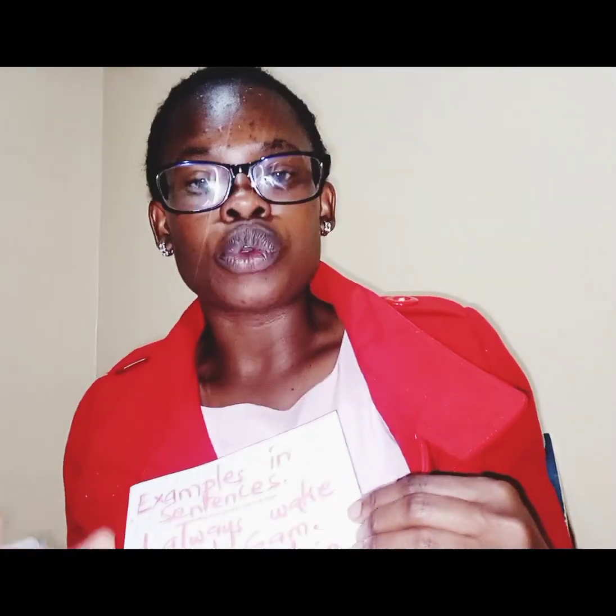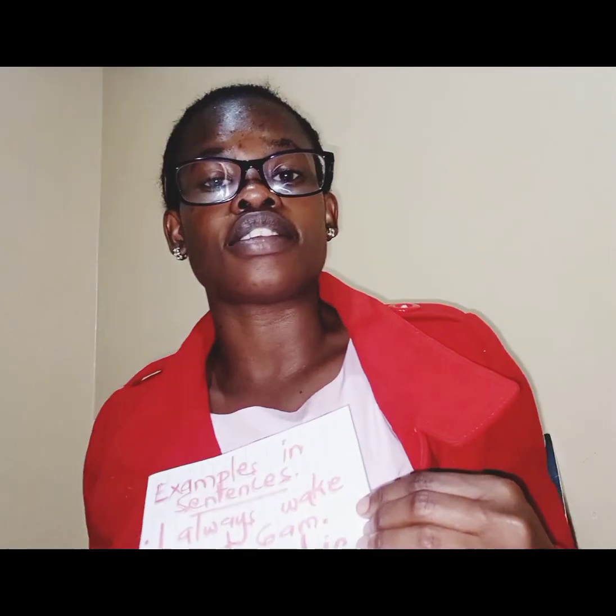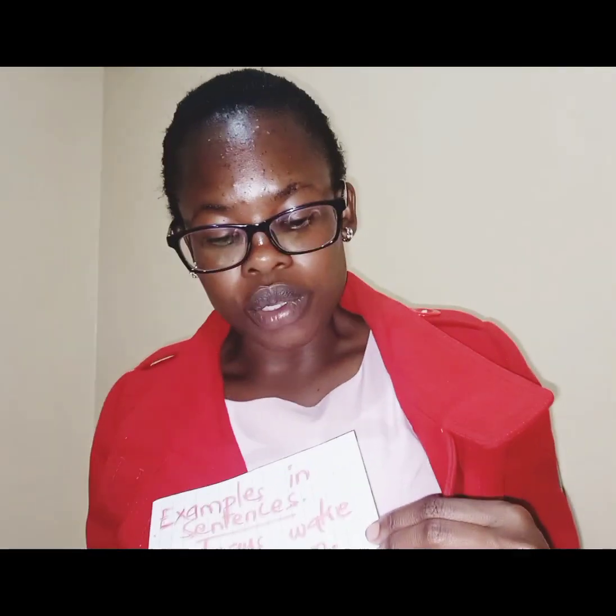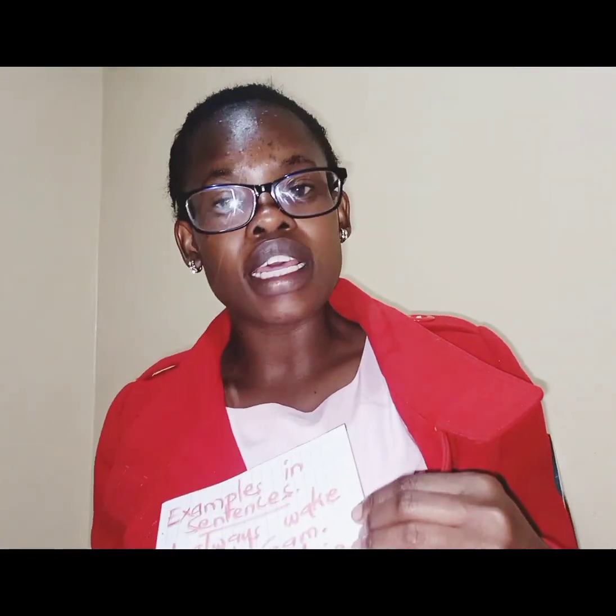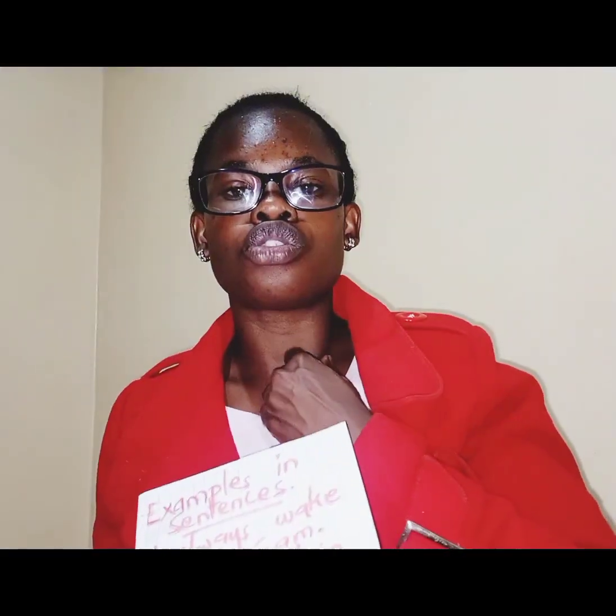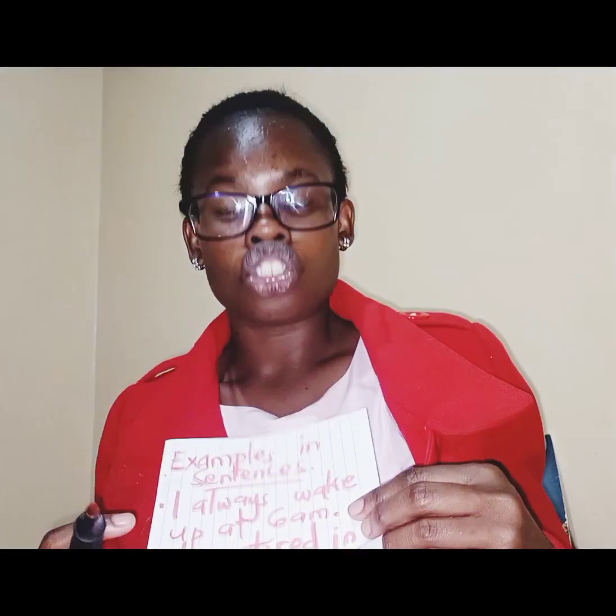Remember, in was used with months, years, decades, and centuries. You can see an example: she retired in June. In has been used to show the relationship between her and June, the month.